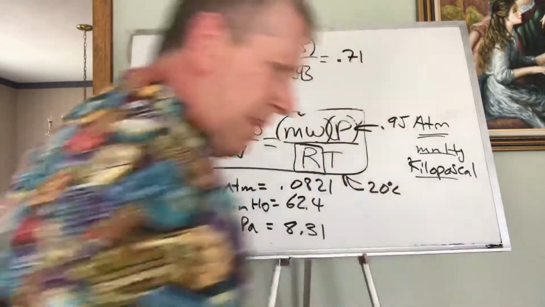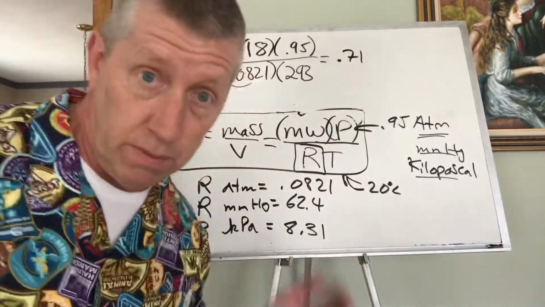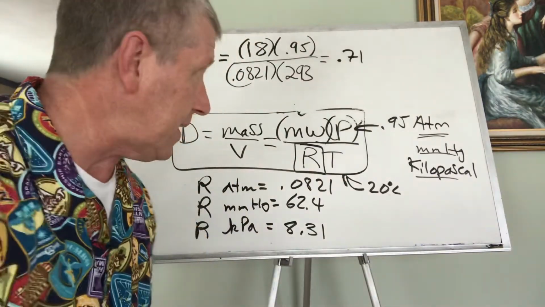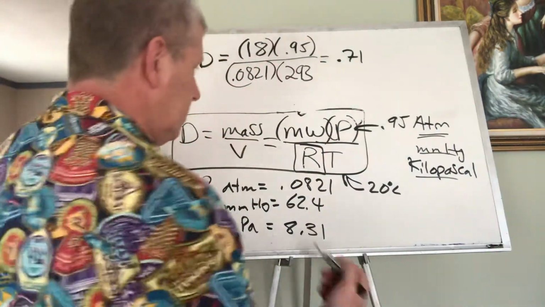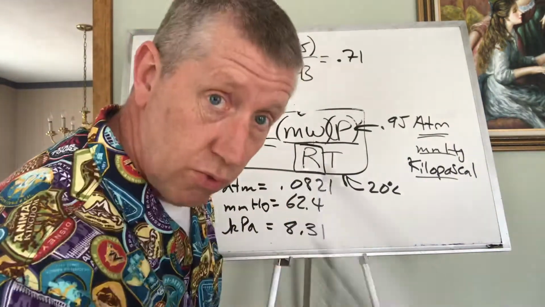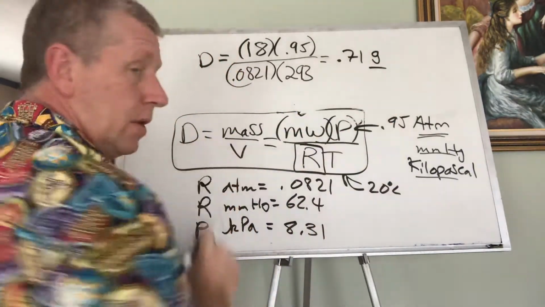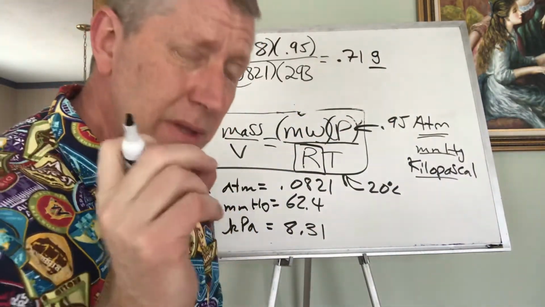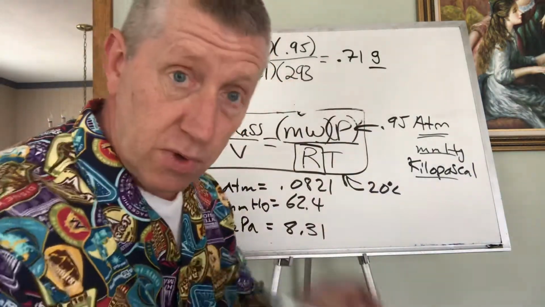Now, what are my units going to be here? This is the density, mass over volume. Now, in chemistry, we like to have everything in the proper units when it comes to mass. We use grams, and volume. That's actually liters. This will come out whenever you use the ideal gas law. Liters is what you need.